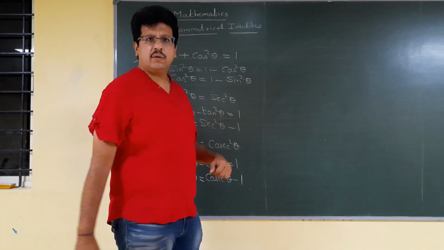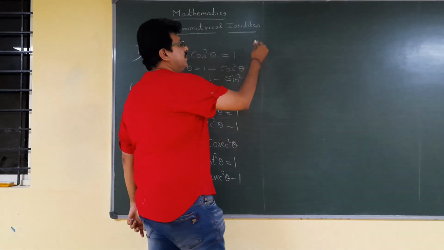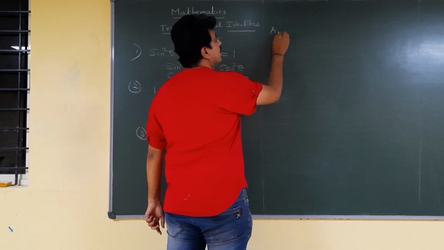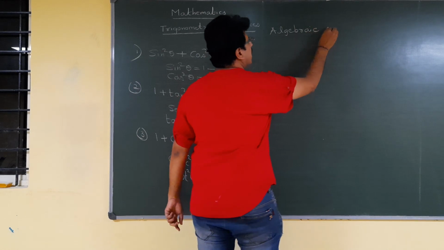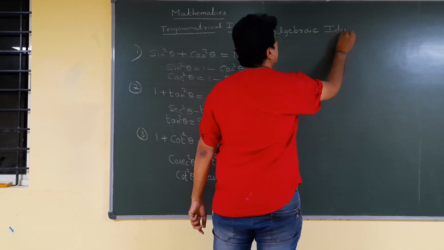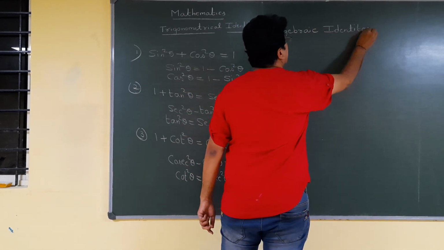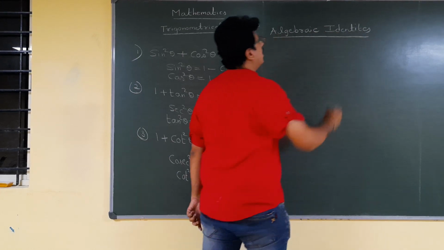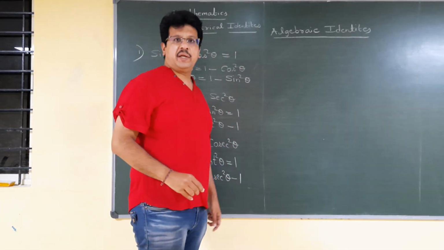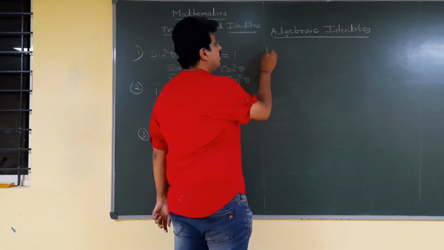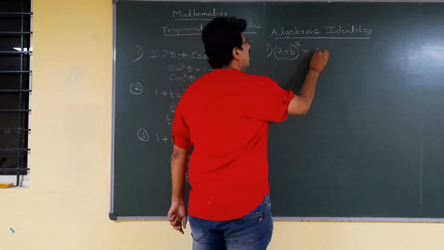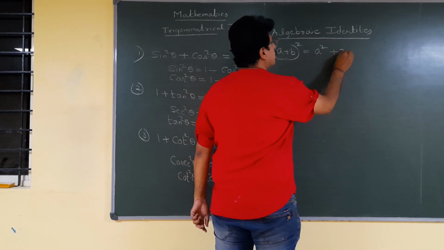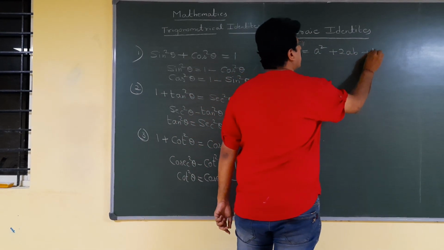So let us recall the algebraic identities. The first one is a plus b whole square equals a square plus 2ab plus b square.